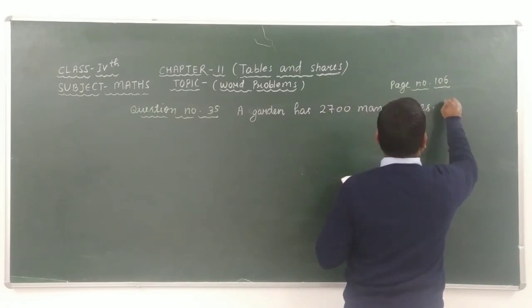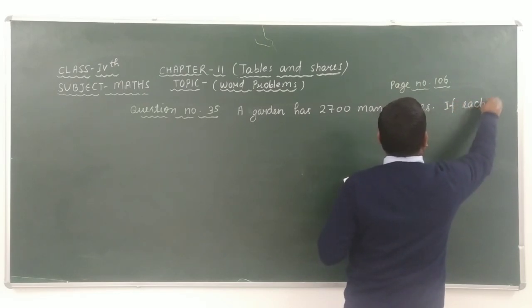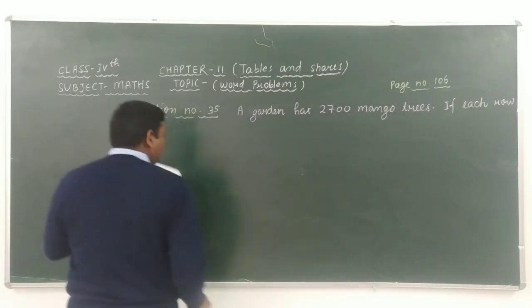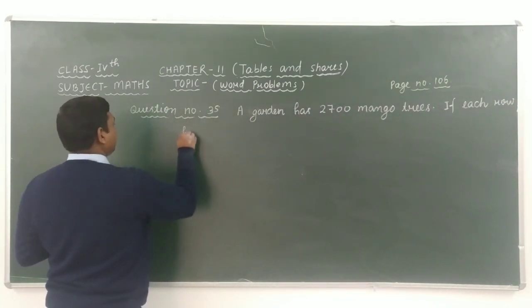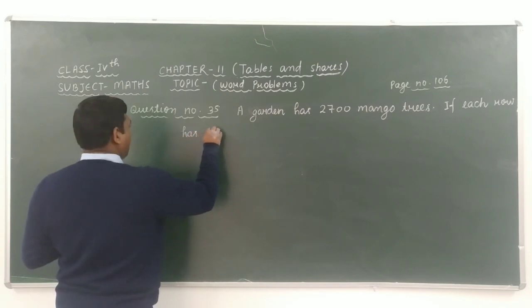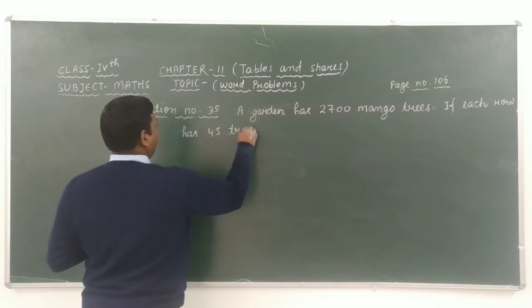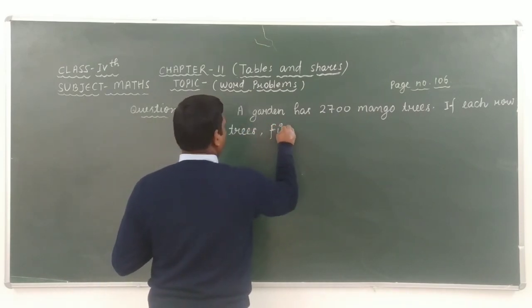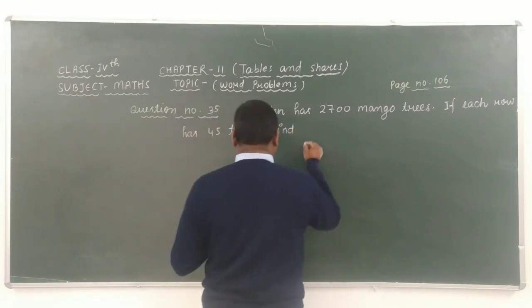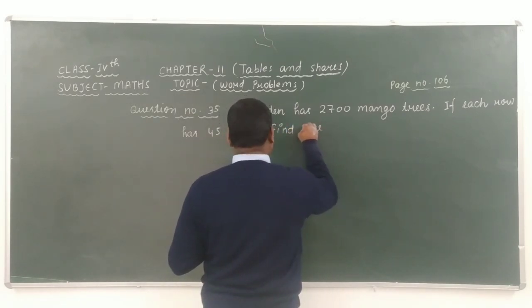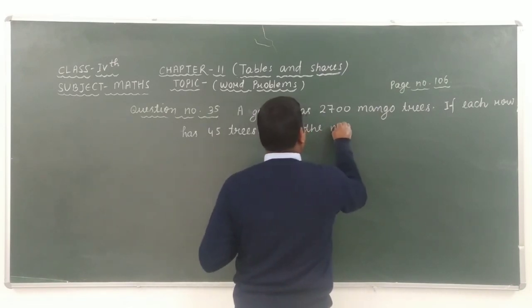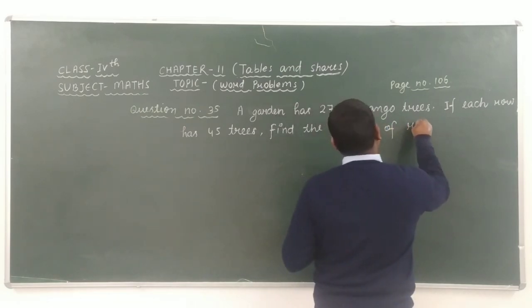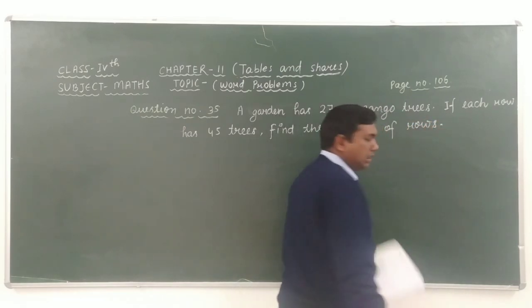If each row has 45 trees, find the number of rows. Find the number of rows.